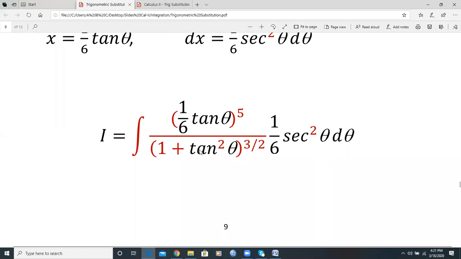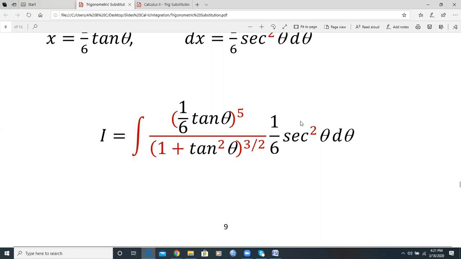We know 1 plus tangent squared theta is secant squared theta, so this function becomes secant cubed theta.